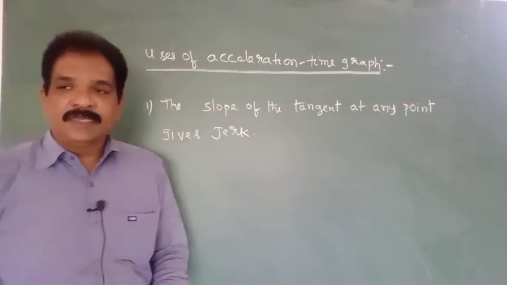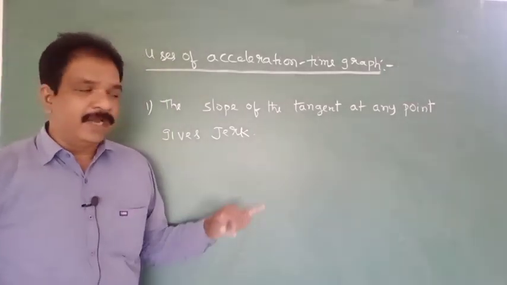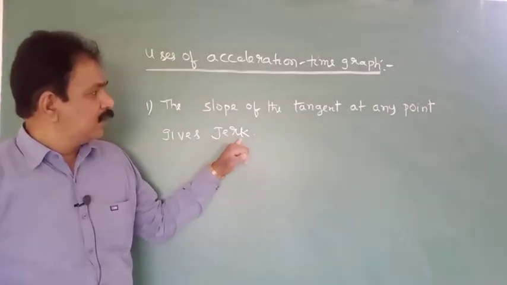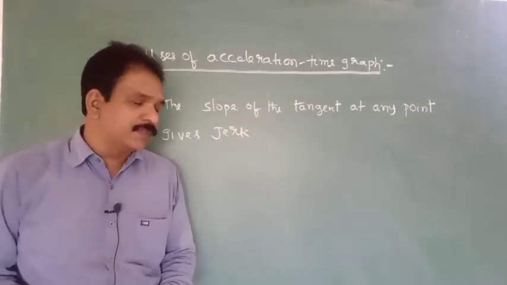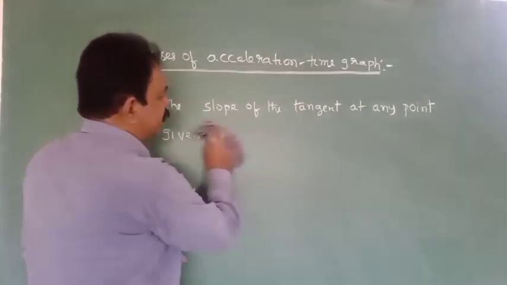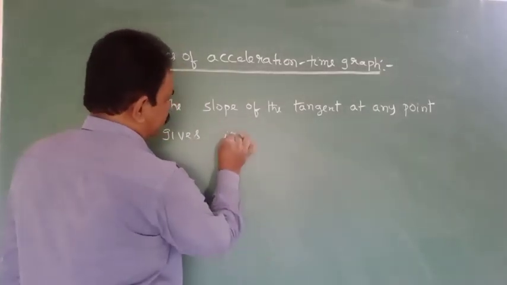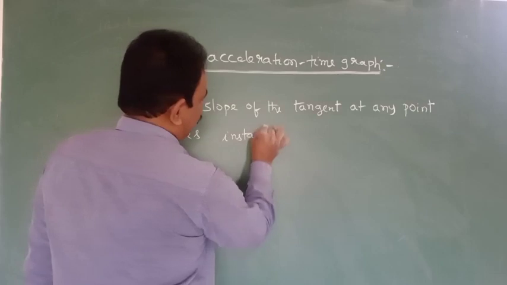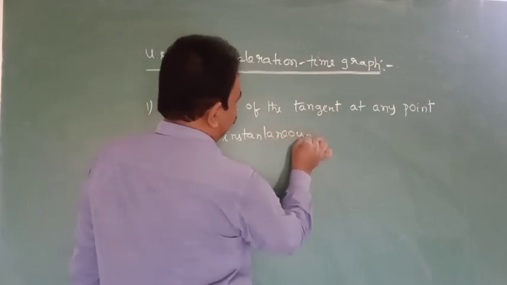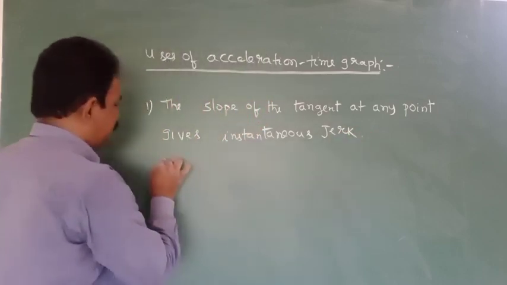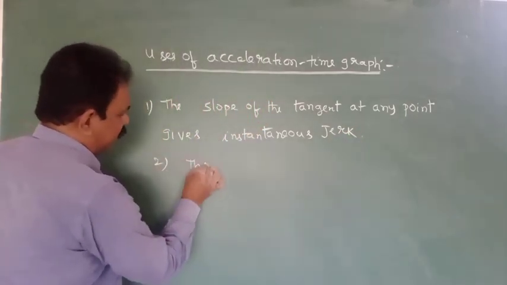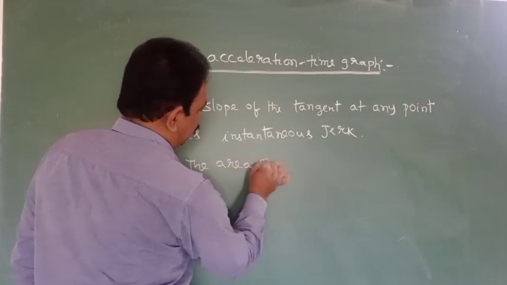So acceleration by time will be called the jerk. So the slope of the tangent at any point gives jerk, or instantaneous jerk. Clear?